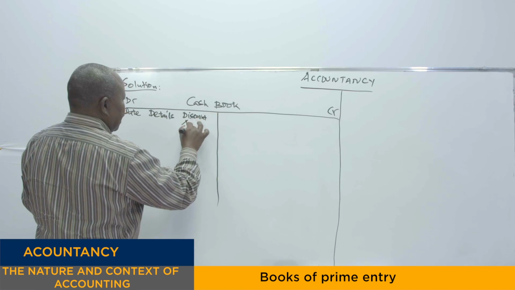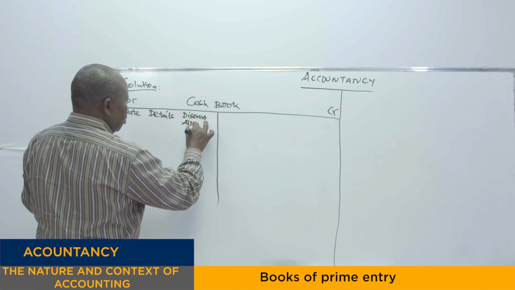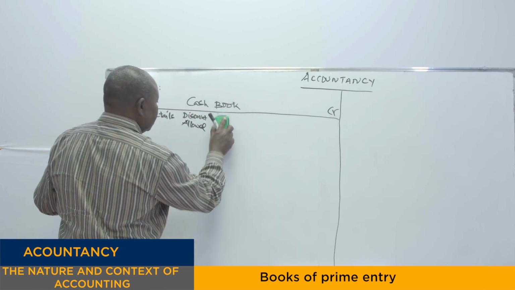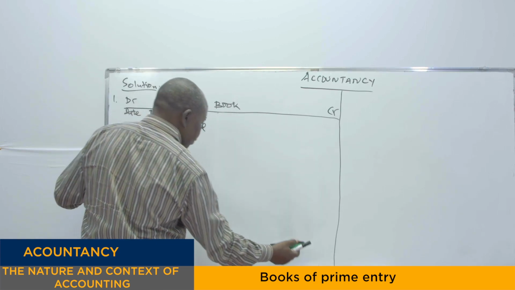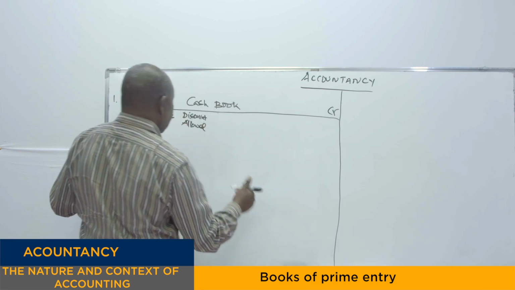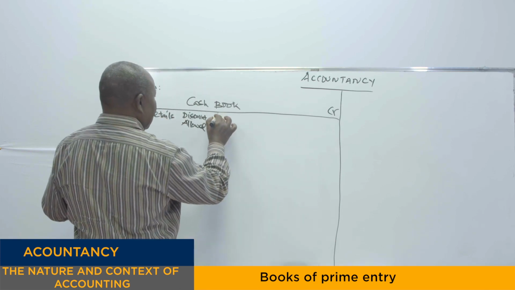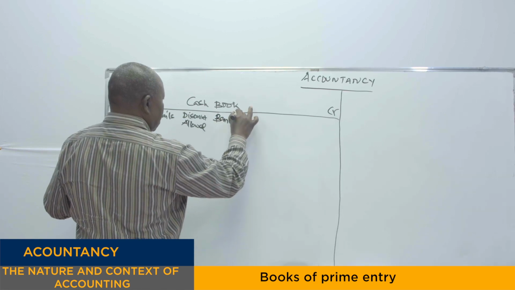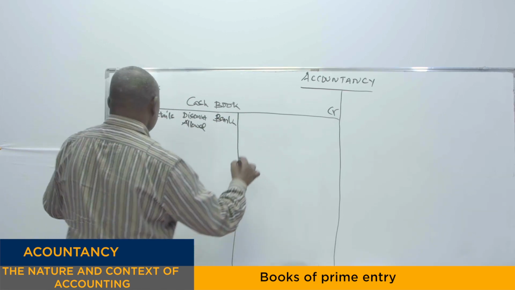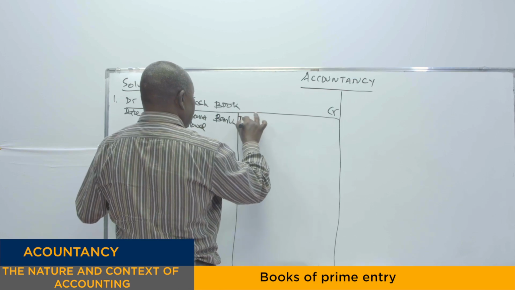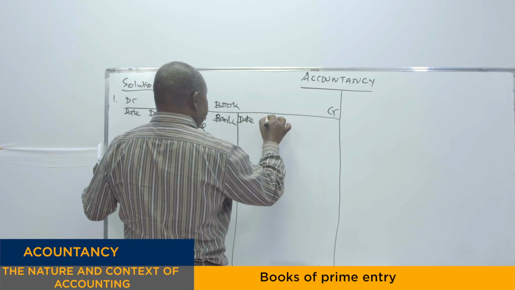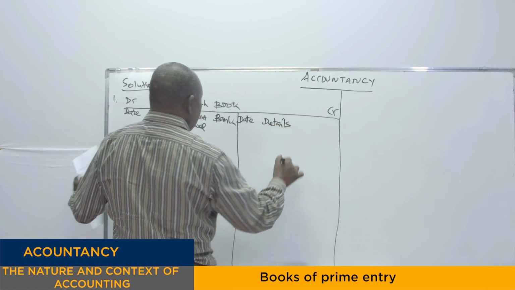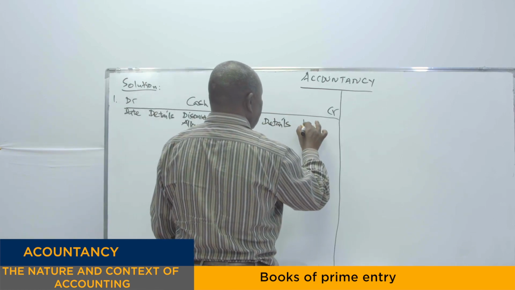This is discount allowed, and then we'll have the column for bank. Now this is also debit, details, discount.